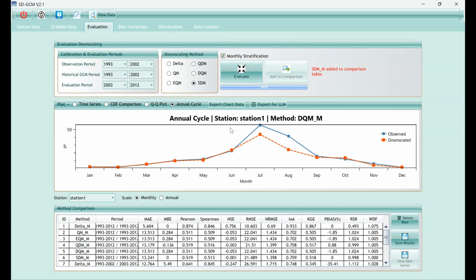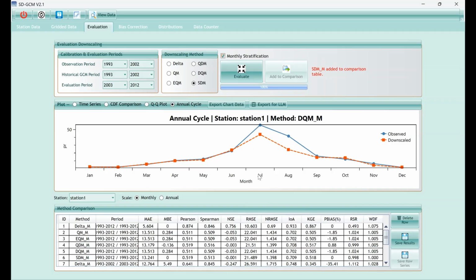Instead, it's important to consider several performance measures together and choose the method that best matches the objectives of your study. In this example, the delta method performs exceptionally well when calibration and evaluation use the same period. However, when independent validation is applied, methods such as QDM and SDM show more robust performance, suggesting they may generalize better to future climate projections.